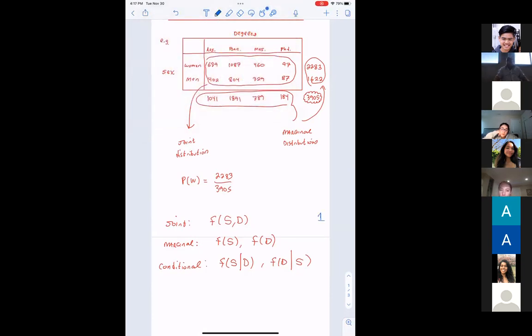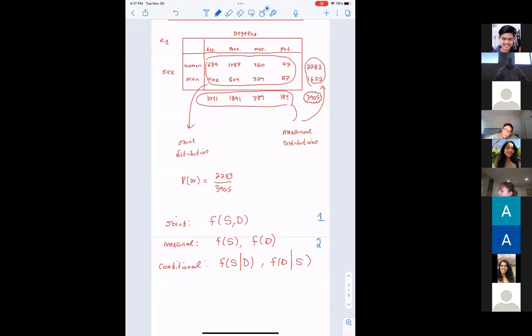We have the 8 different values. Those are the 8 outcomes for the joint distribution. There's 1 joint distribution. How many marginal distributions do we have? We have 2. 1 if we care about the sex of the individual, and 1 if we care about the degree of the individual. Now for the fun one.